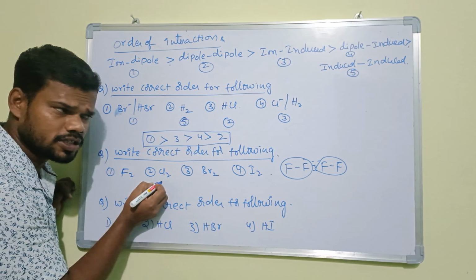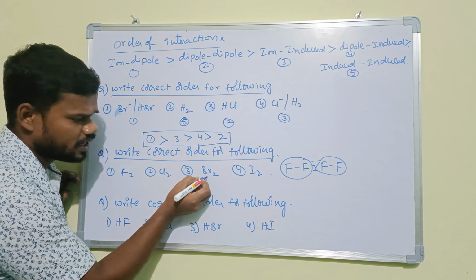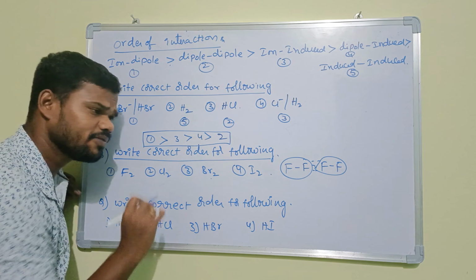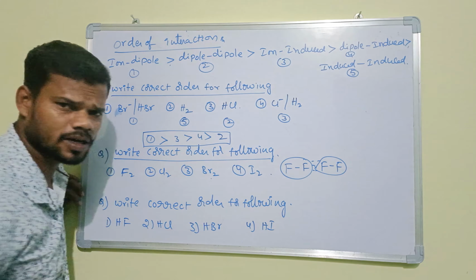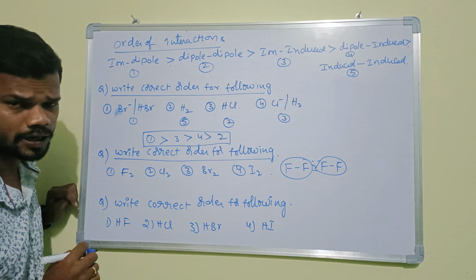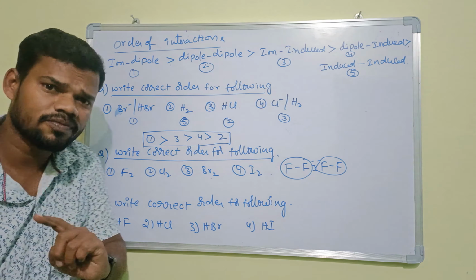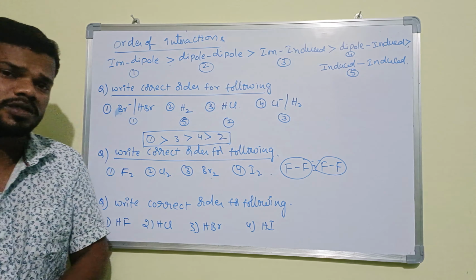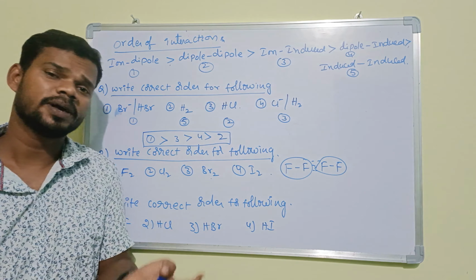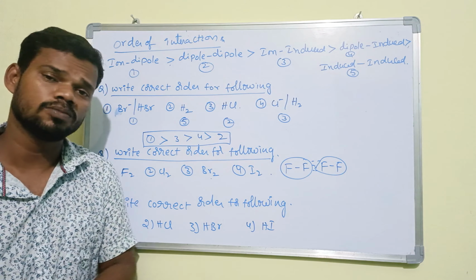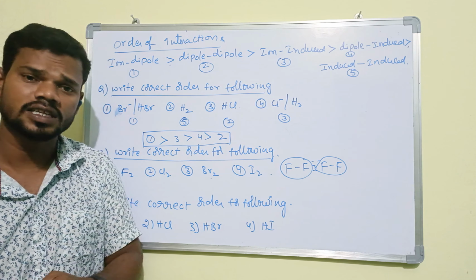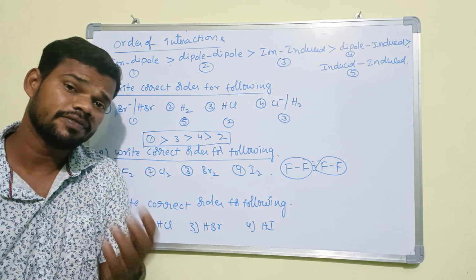Between Cl2 molecules, the same London forces only. Between Br2 molecules, the same London forces only. Between I2 molecules, the same London forces only are present. If the same forces arise between these molecules, how can we compare? Which one has more interaction, and which one has very little interaction? How can we compare this one?